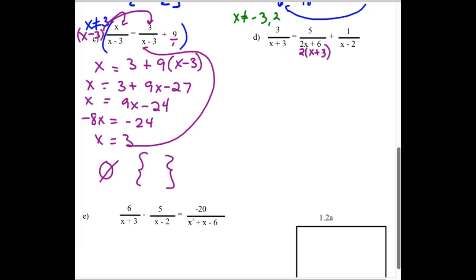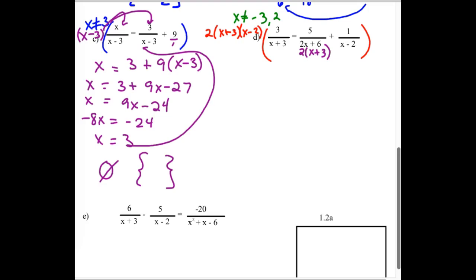Okay. My common denominator that I have to multiply everything by, I need an x plus 3 for that first fraction. I need a 2, just a plain 2, monomial, to help with my second fraction. And for my third fraction, I need to have an x minus 2. So we have a few extra pieces here that we have to worry about, but the process is the same.